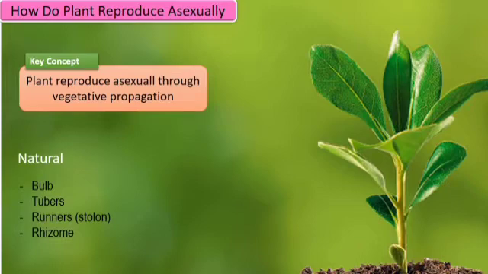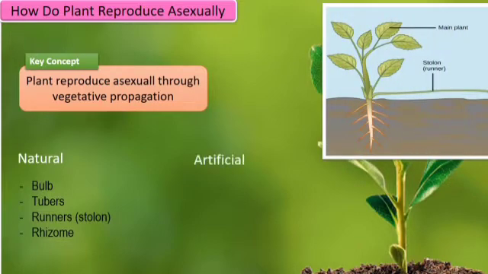Many plants can reproduce this way naturally and by artificial induction. Naturally, there are many ways. The first is bulb, second a tuber, third a runner or stolon, and the fourth is rhizome. For artificial induction, we can do cutting, layering, and grafting.